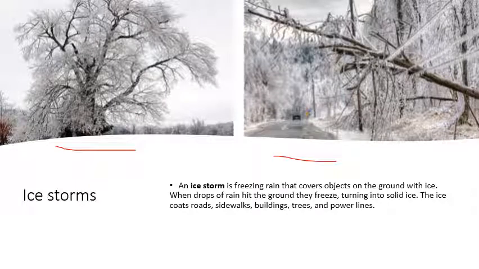These roads are covered with ice, and this ice is bad because it stops transportation for a while, making the roads very slippery. Ice storms happen in the winter because the temperatures are very low, and they are very damaging for trees in particular.